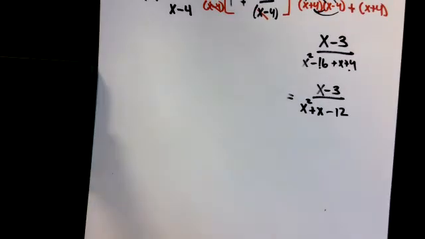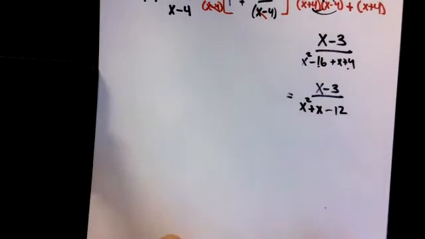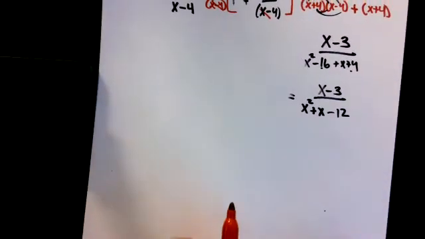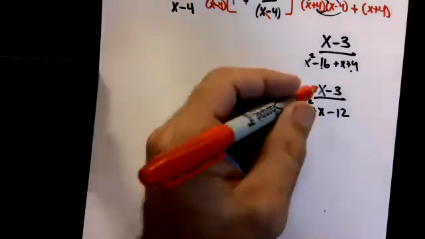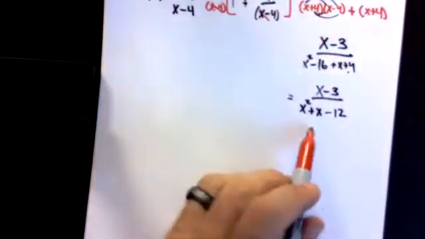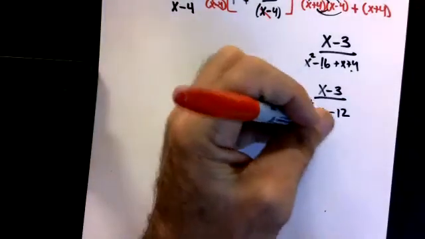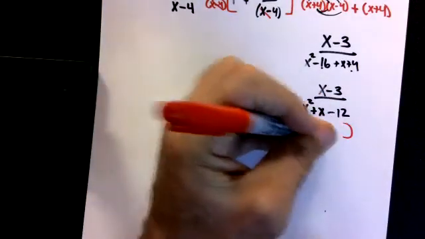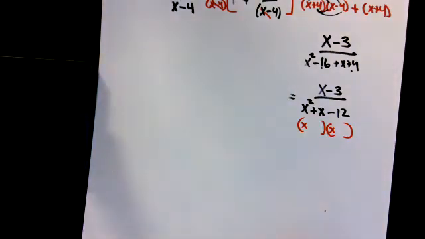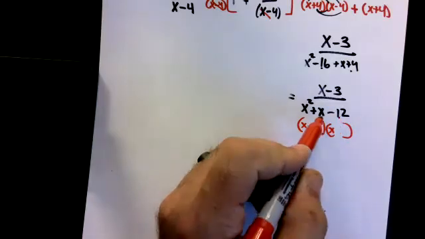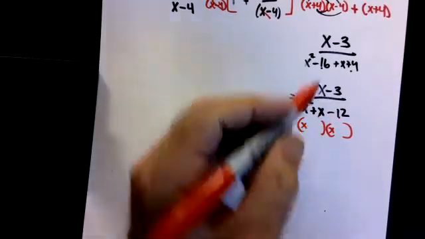The only thing I got to look at is, do either of these factor? Can I break this down anymore? Well, x minus 3 doesn't factor, but x squared plus x minus 12 might. If I look at this, x squared is x times x. And I'm looking for two numbers that multiply to get negative 12 that add to get 1.